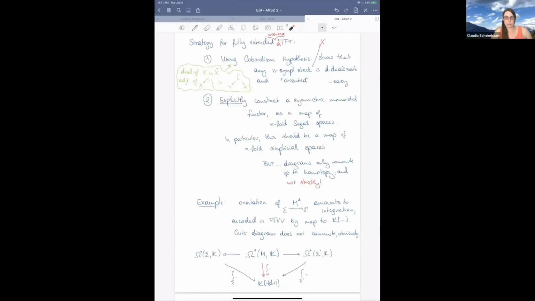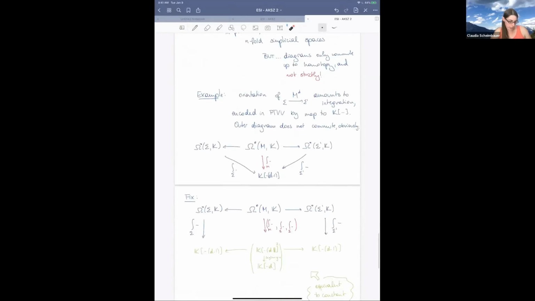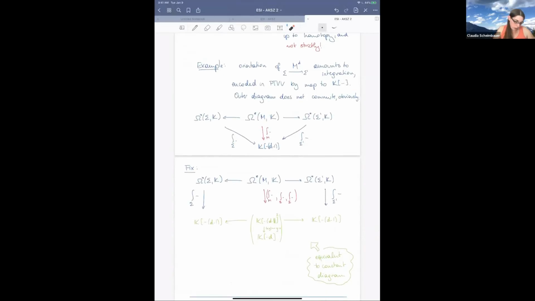Where we see this encoded in a better way is if we make this diagram instead. I could have just put this here, here, and here and written equality everywhere. But actually, we want to replace this middle part of the diagram by a bigger chain complex. This chain complex in the middle will be quasi-isomorphic to just the constant guy in degree D minus 1, but now we encode all the parts. And so now we get a nice commuting diagram which fits together.